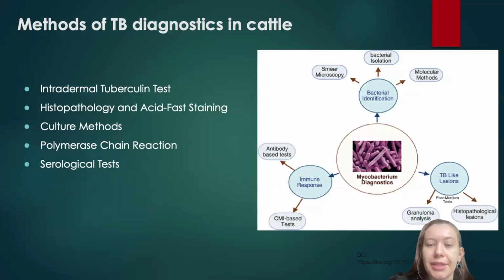And now let's discuss various methods of TB diagnostics in cattle. On this slide you can see what methods are currently used in both developed and developing countries, at least some of them.